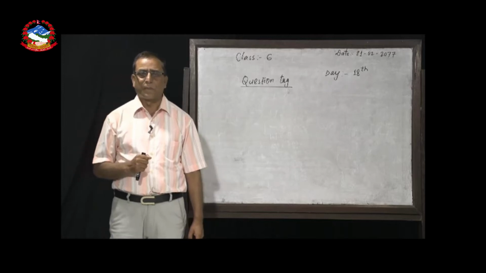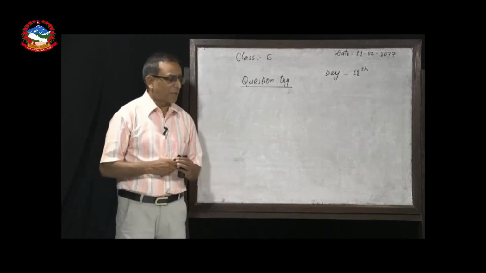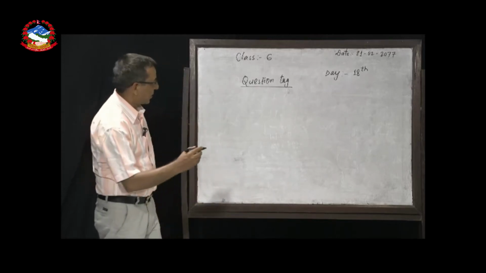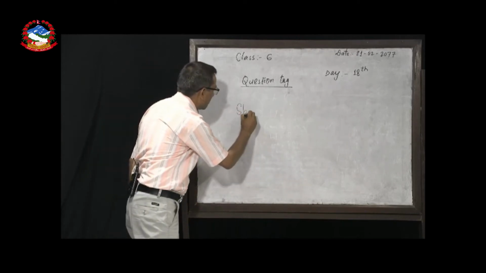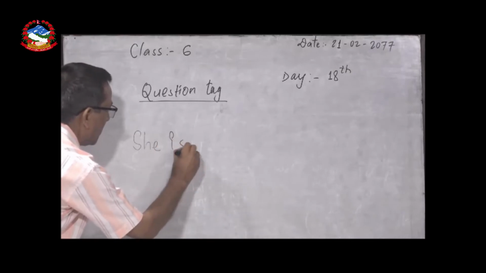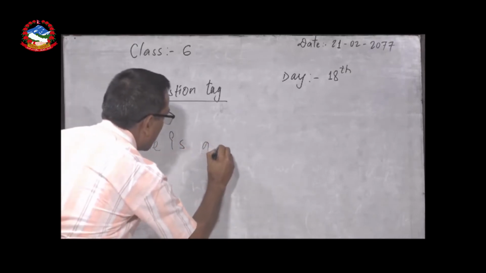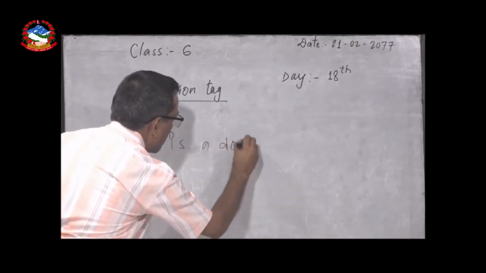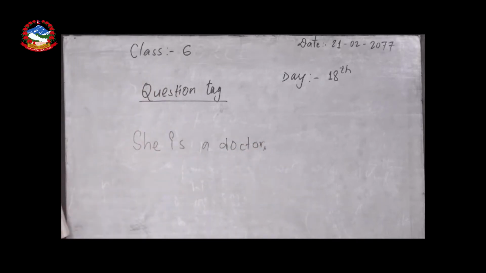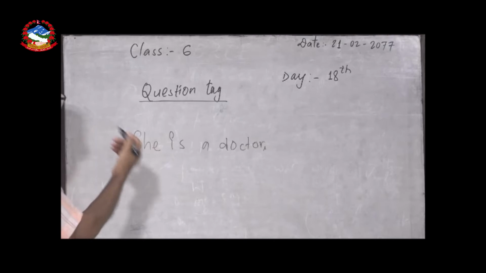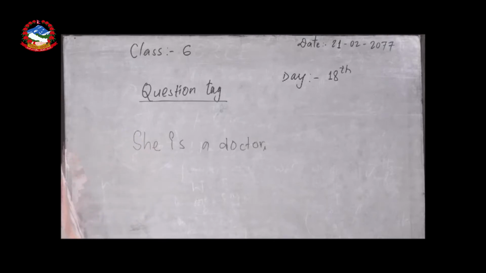For example, she is a teacher. Let's see on the board. She is a teacher. It is a statement. Students, it is a statement. Now, let's change this statement into a question tag.